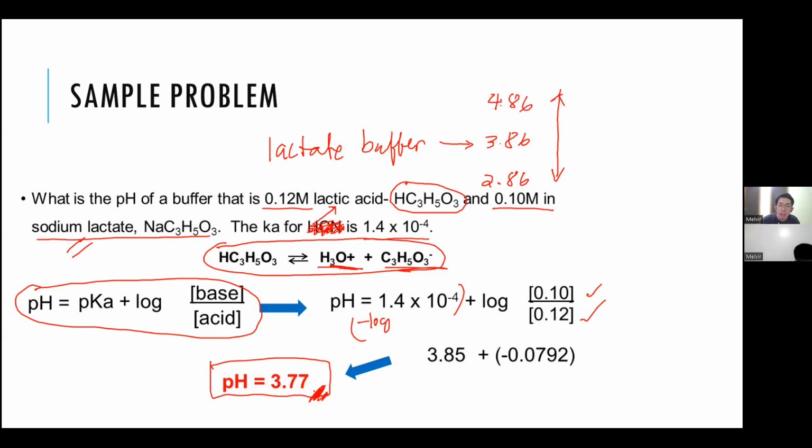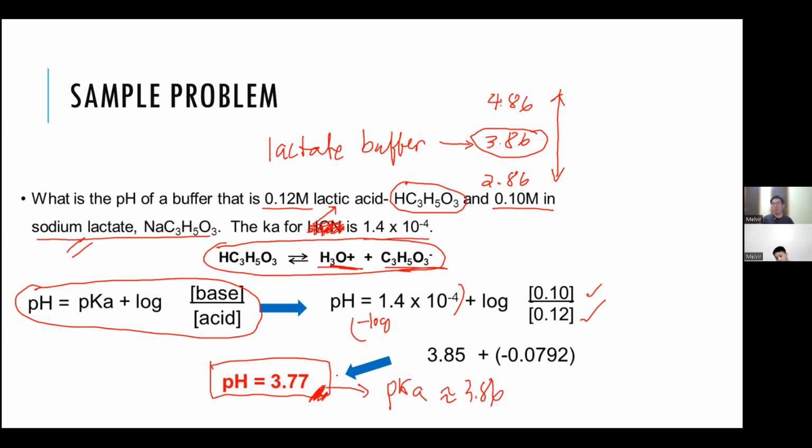And we can see 3.77 is really near sa pKa ng lactic buffer, 3.86. So, it means, Josh, yung nabuo natin is a strong lactate buffer.